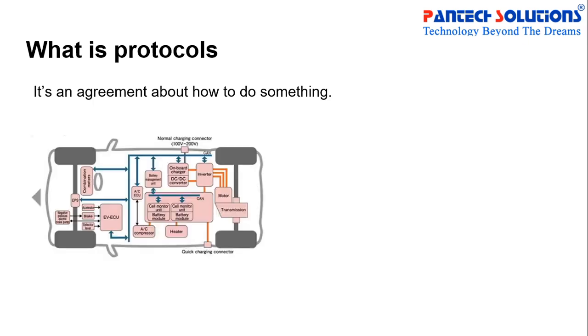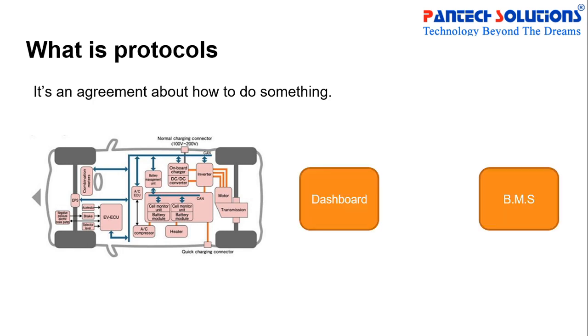See here in this electric vehicle, there are a lot of subsystems, right? If you take a dashboard and a battery management system, between these two modules we should send the data with the help of a microcontroller. Generally, every subsystem has its own microcontroller because it is a kind of electronic control unit.